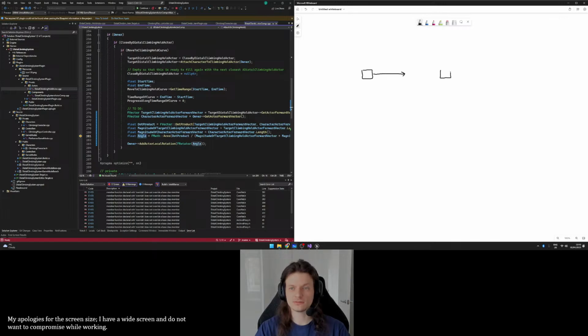And my character could be pointing this way, this way, this way, or any of the in-between. Let's put this as A, B, and C.